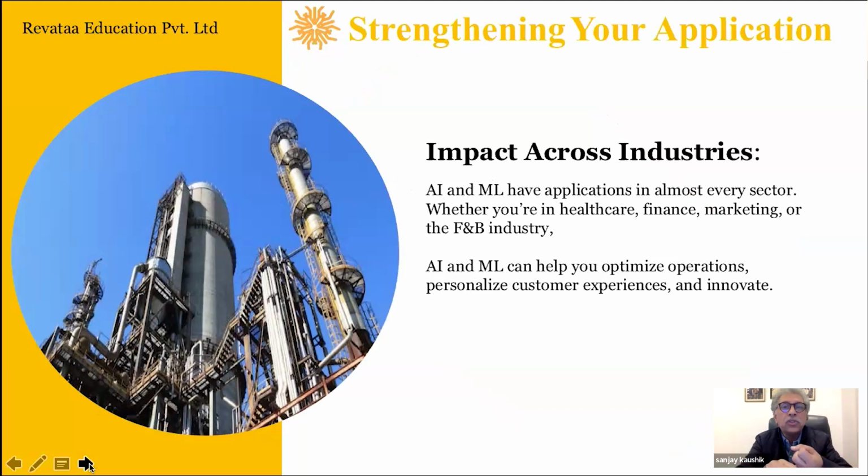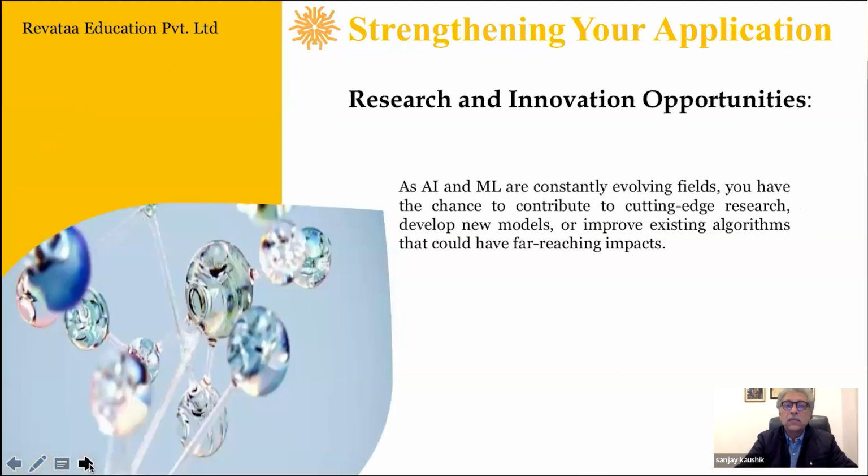For example, Amazon or Ranbaxy, or let's say Pfizer, they all want people who have skills with machine learning and artificial intelligence to make a better decision-making process. Financial market, people are now getting into microfinance. How would artificial intelligence help them? Marketing, right? So you've got to talk about how your learning or doing a master's in artificial intelligence could impact across the industries. How would you help them get those things, right?